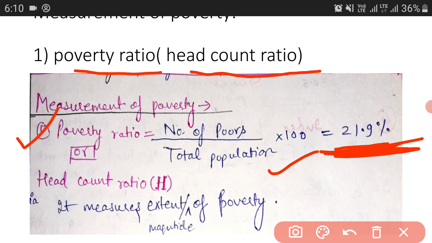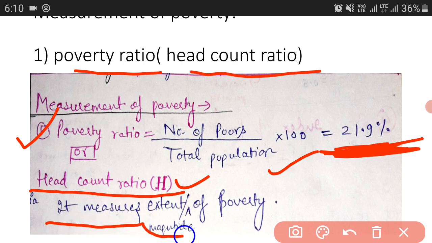Okay, this poverty ratio is also known as your head count ratio. It is represented by the symbol H, and ultimately what it does is that it measures the extent or magnitude of poverty. Okay, this was the first method for the measurement of poverty.